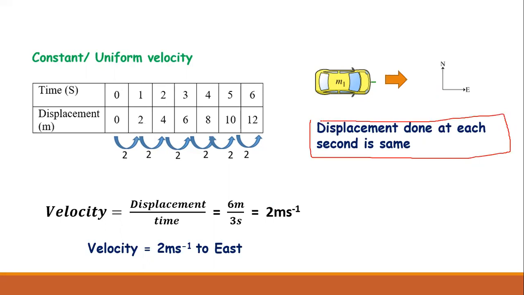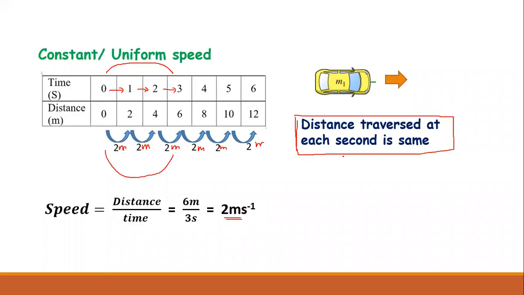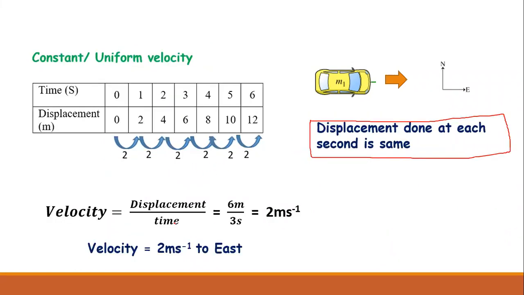Displacement done at each second is the same as the distance. Both are having the same calculations. But our answer changes as 2 meters per second to the east.